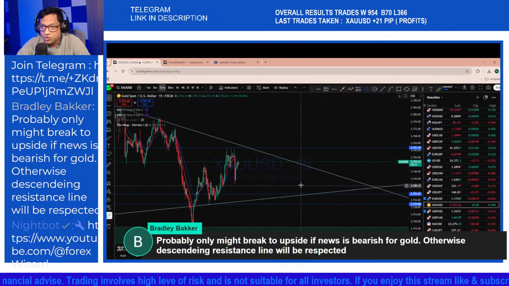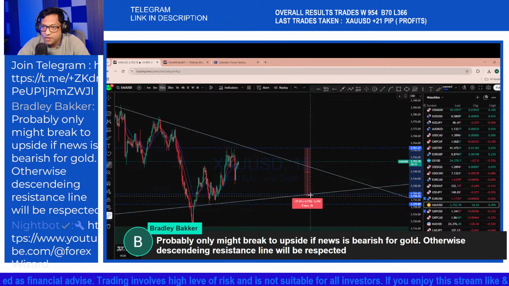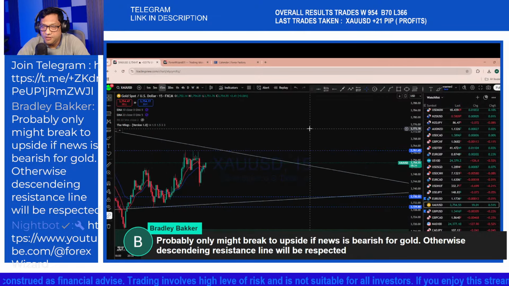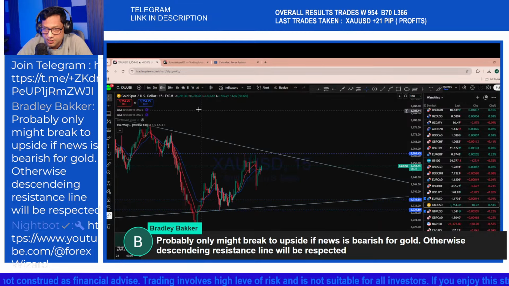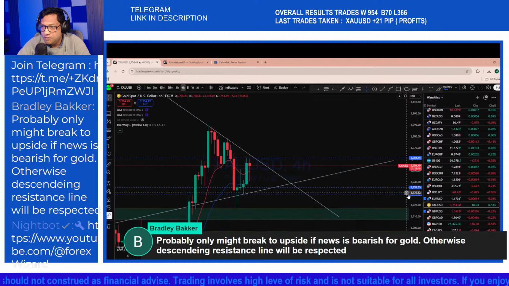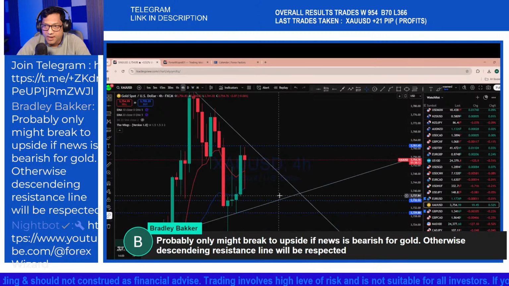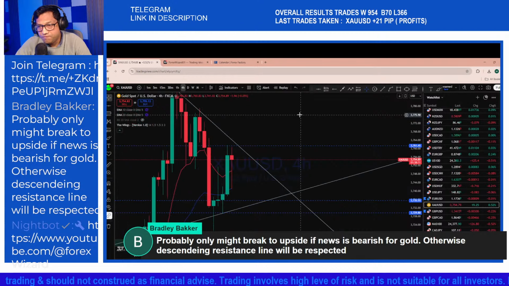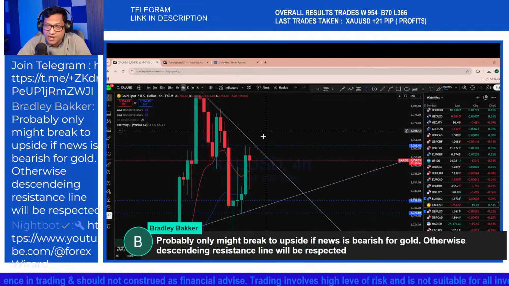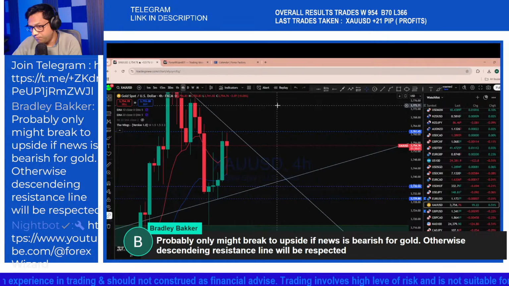So this range here is significant, around a 315 pip range on the daily. And looking for the market to potentially break that high here, it is, for me, less likely that gold will be able to break that high with this current 4-hour candle to create a new higher high.